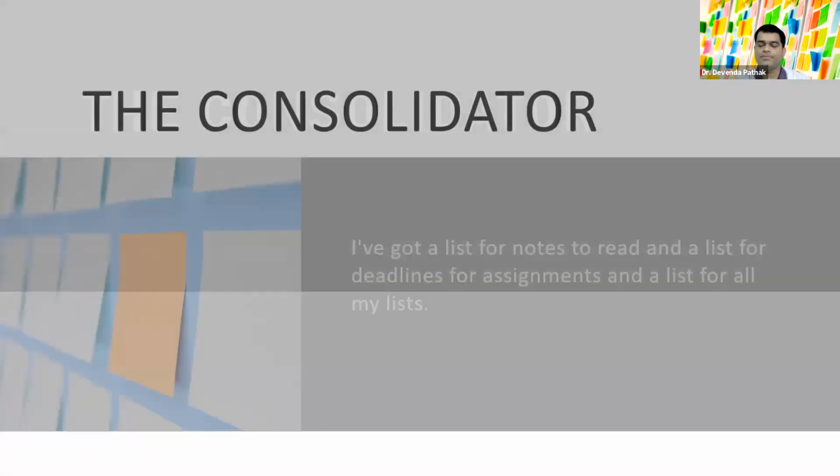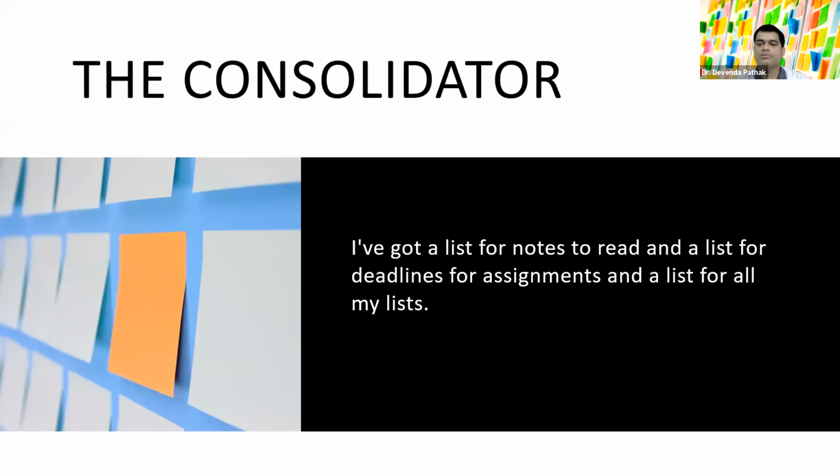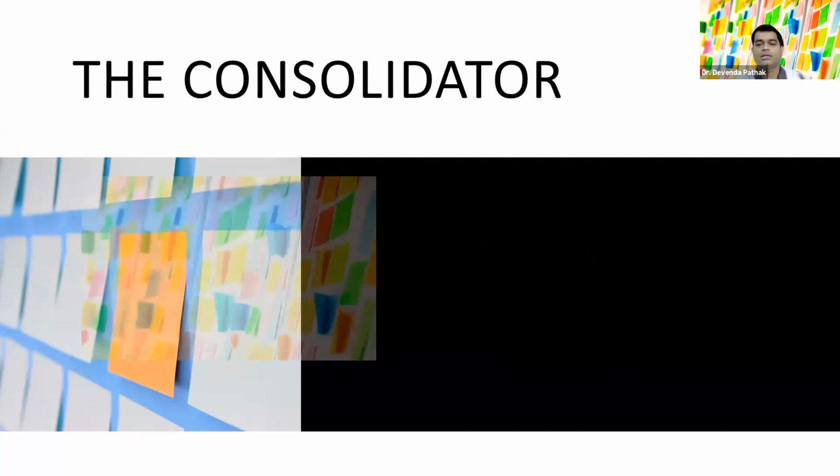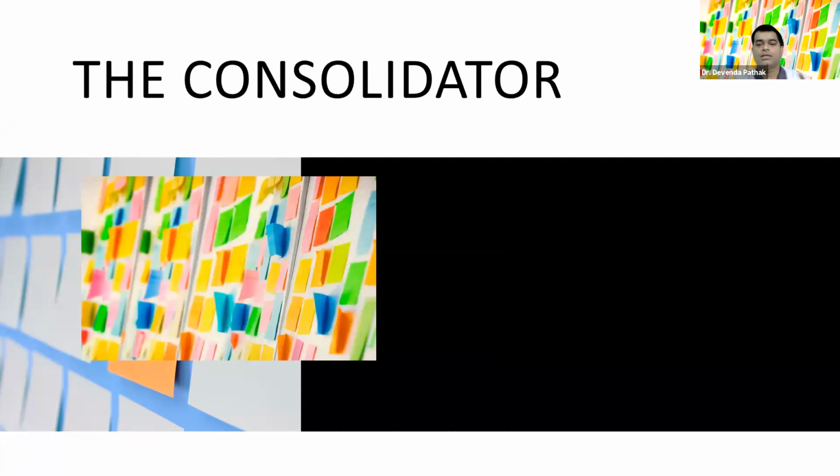The second category is called consolidator. These people have a lot of lists, not only one list. They have a list of notes to read, a list of deadlines for the assignments, also a list of lists, so many lists. But they want to place all these lists together rather than unify or synchronize them.